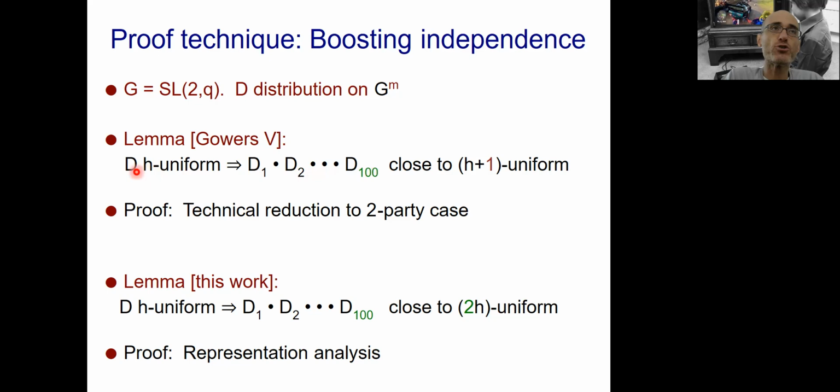So you go from H-uniform to H+1-uniform. And this is something which is completely false for abelian groups, right? You can have a distribution which will stay exactly H-uniform. But the cool thing, and that's why this area is so exciting to me, is that if you go to the non-abelian setting, you increase the uniformity. You go from H to H+1.